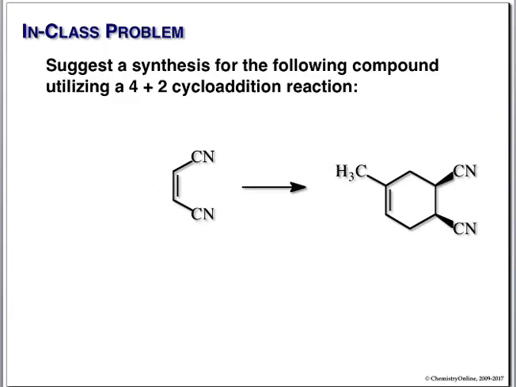These were the terminal carbons of the diene, right? This one and this one. It's not on those. It's on one of the middle ones. Not on these two. It's on the middle carbon. Therefore, it looks like that.